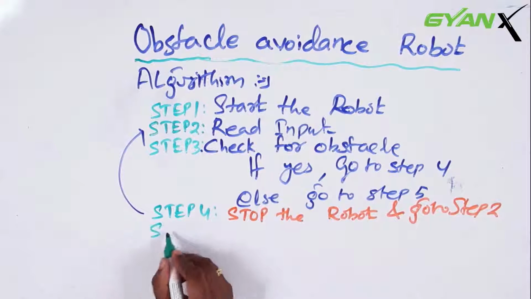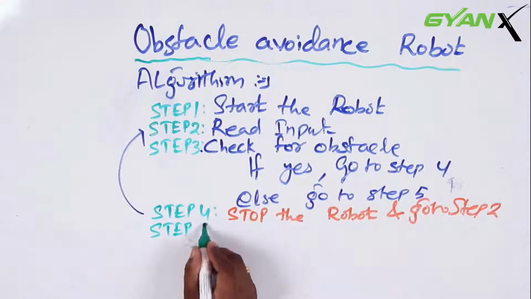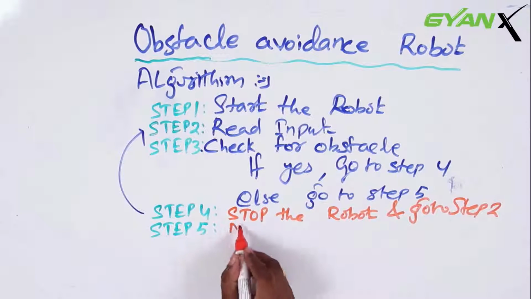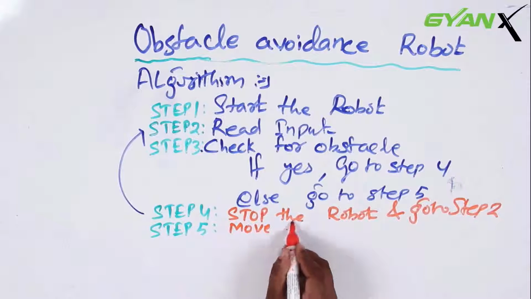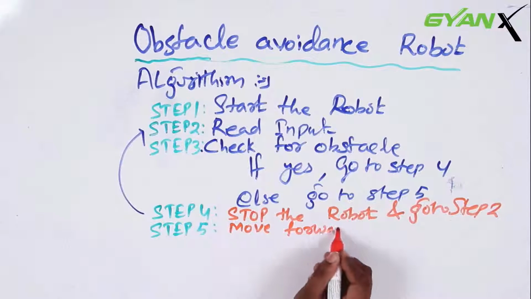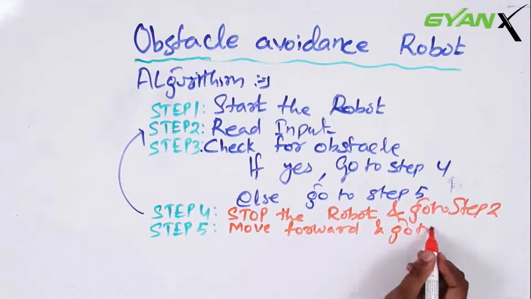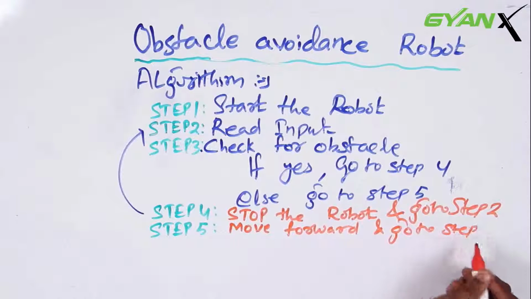In step 5, if there is no obstacle, move forward your robot and again go to step 2.